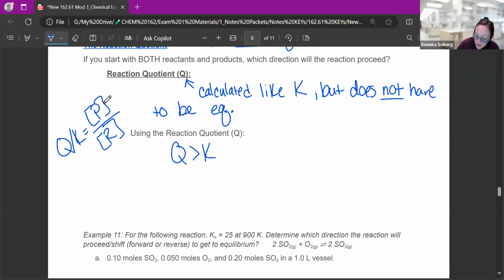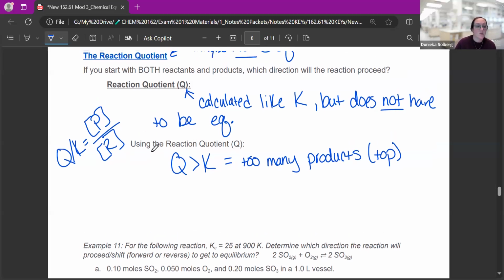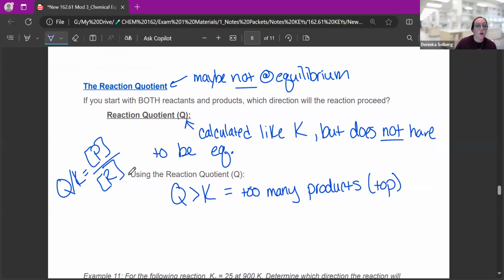So if Q is greater than K, that means there are too many products, right? Our number on top is too big. Okay, so what's going to happen? Well, it's going to have some of the products turn into reactants to balance back out to the right value. And if products are turning into reactants, that means things are going backward.